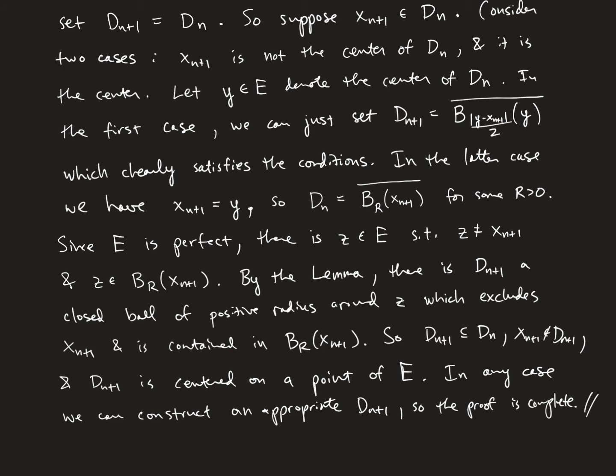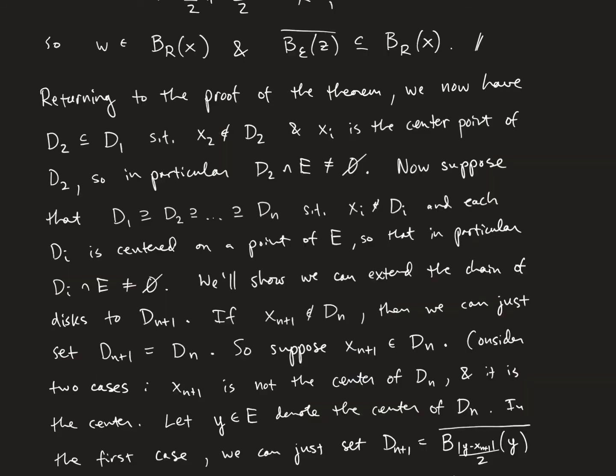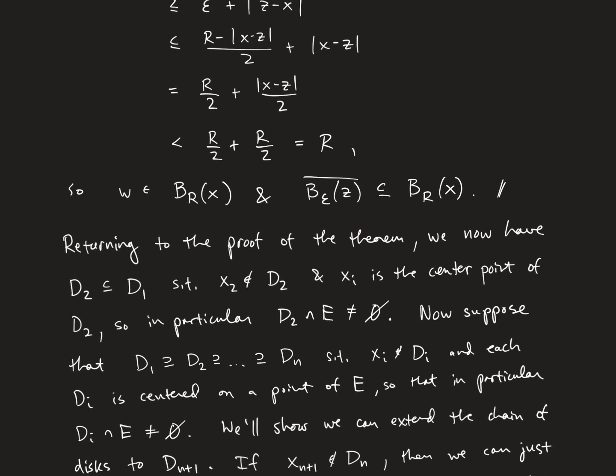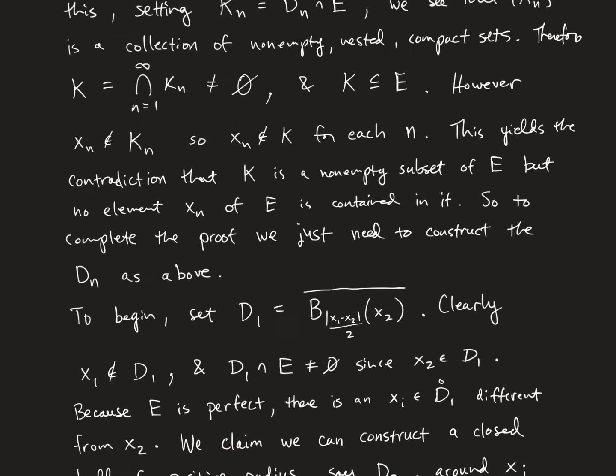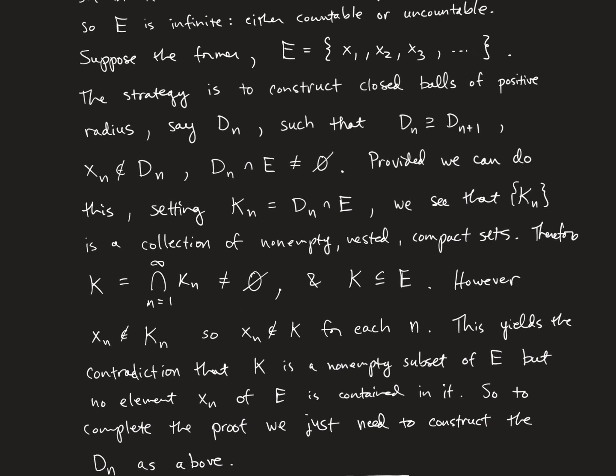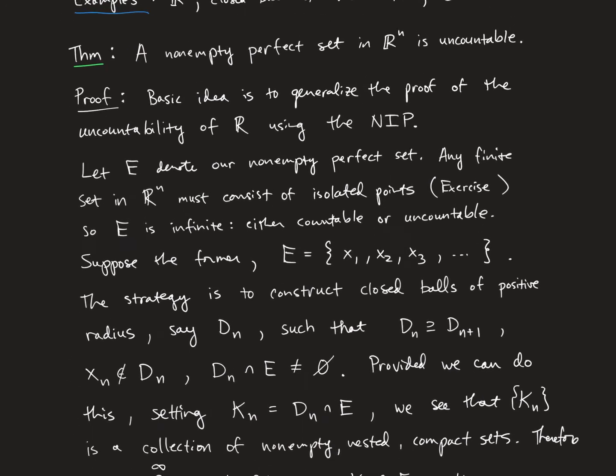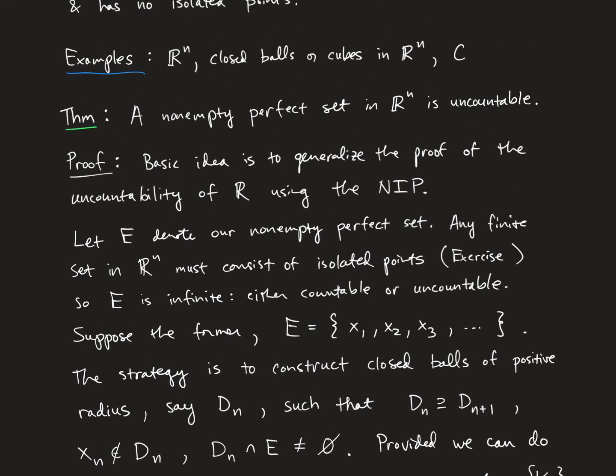Okay, so that was a little bit of a long one, just a technical thing showing you can construct these appropriate balls, so the proof that we used to show the uncountability of R works in this case.